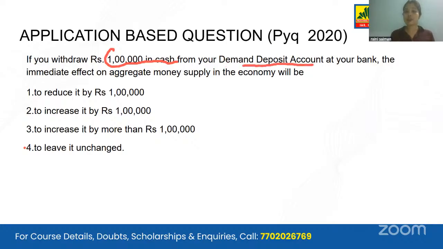Okay. You have deposited your 1 lakh money in your demand deposit account, and now you're taking it back. The cash is in your hand. In that case, what will happen? So they're talking about money supply. Will the money supply in the market, in the economy, reduce by that amount? Increase by 1 lakh?